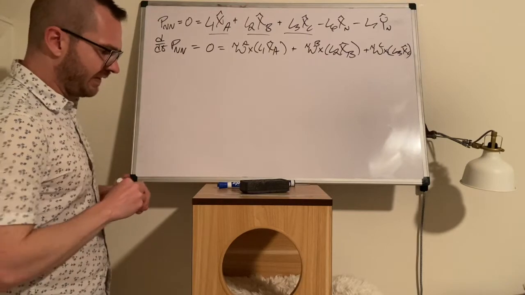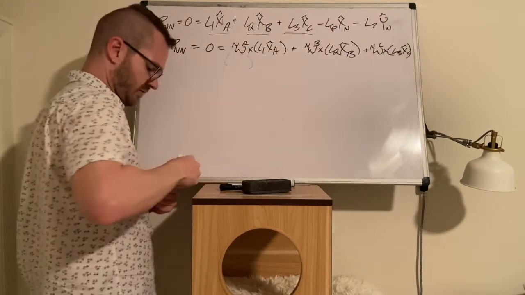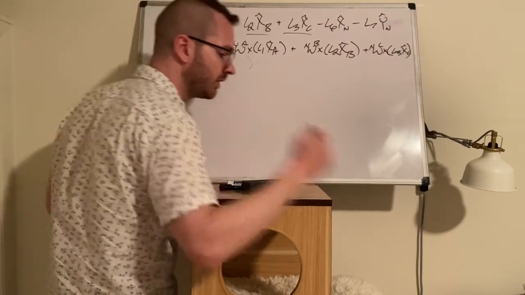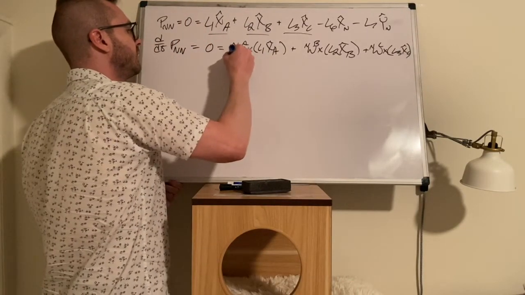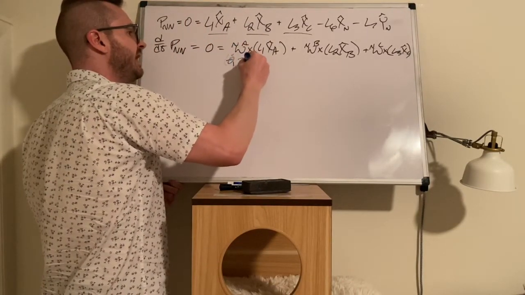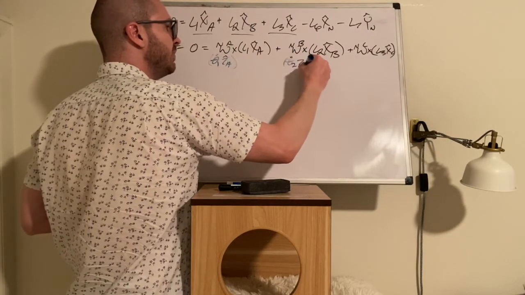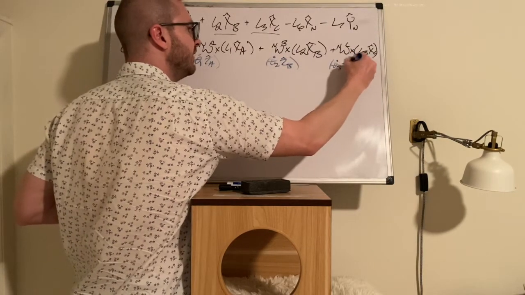So we've already defined the angular velocities. This is theta 1 dot ZA. This one is theta 2 dot ZB and theta 3 dot ZC.